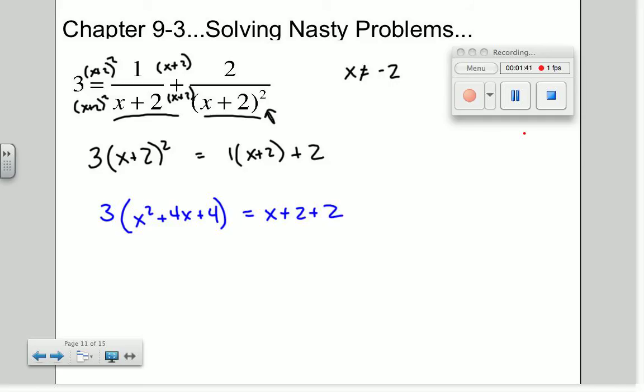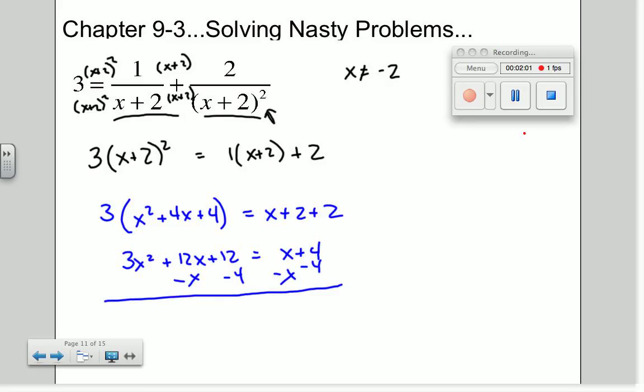Well, that gives me 3x squared plus 12x plus 12 equals x plus 4. Okay, now I can just simplify, put it all on one side. So subtract x, subtract 4. That gives us 3x squared plus 11x plus 8 equals 0.